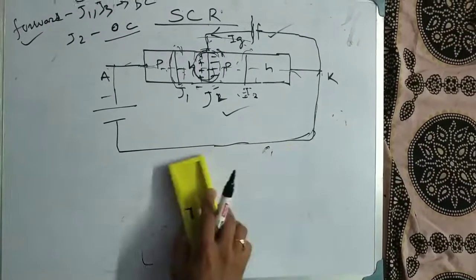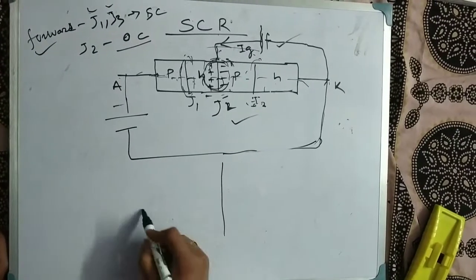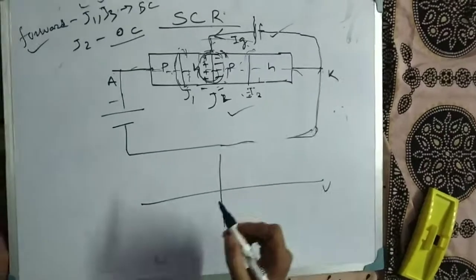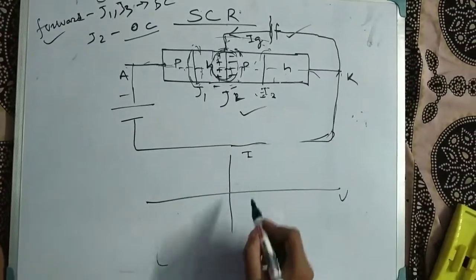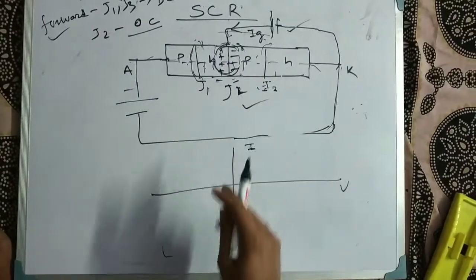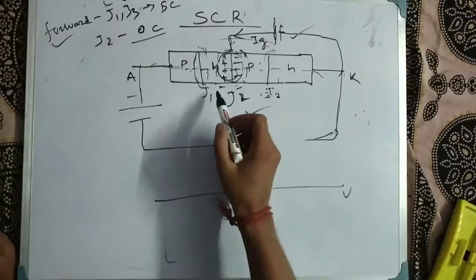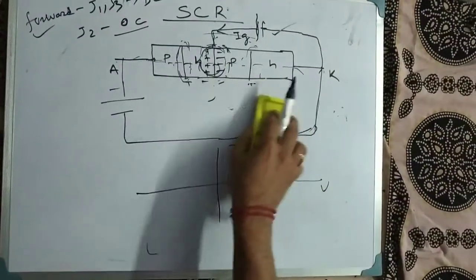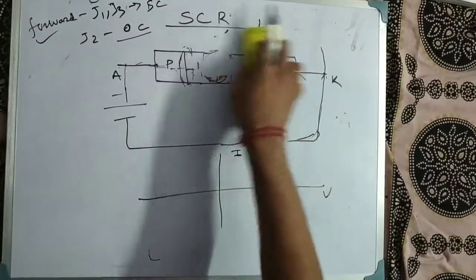Now we can characterize this by drawing the VI characteristic. This is the voltage axis, and this is the current axis I. Suppose we are not supplying gate current. The thyristor is in forward blocking mode.